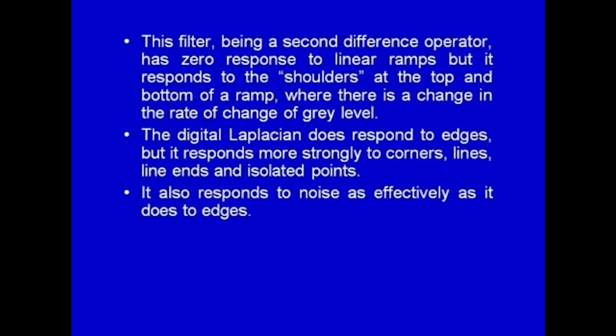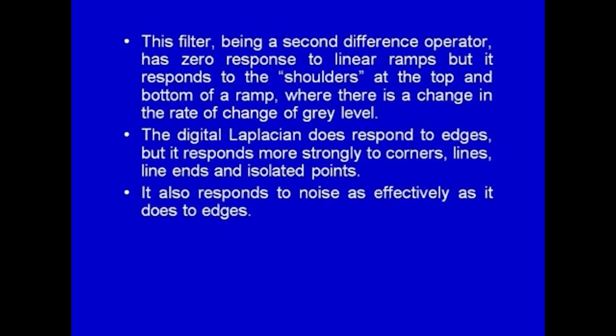This filter, being a second difference operator, has 0 response to linear ramps, but it responds to the shoulders at the top and at the bottom of a ramp, where there is a change in the rate of change of gray level. The digital Laplacian does respond to edges, but it responds more strongly to corners, lines, line ends and isolated points.